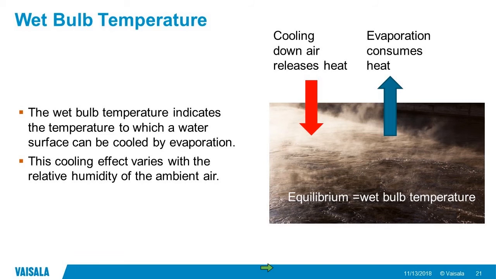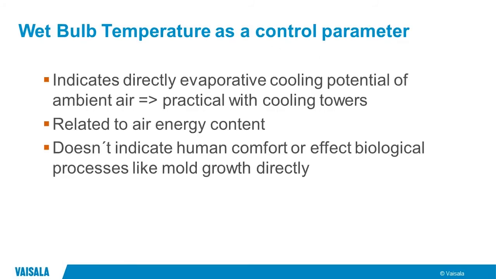So how is this then actually used? The main way to use this parameter in HVAC systems is to indicate evaporative cooling potential, and that's in practice used together to control cooling towers.